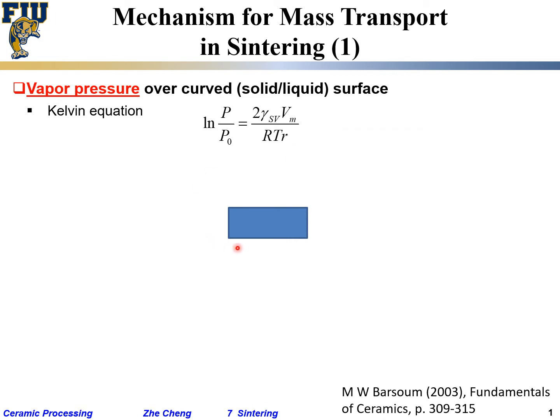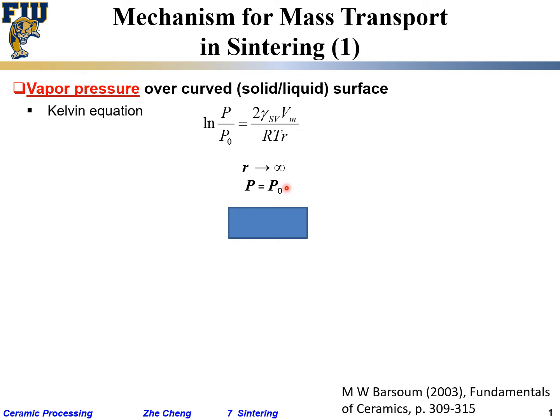And if we have a material like this, which is essentially a flat surface, R, the radius of curvature, is infinity. You have a flat surface. Your equilibrium vapor pressure above it is just P0. Make sense?